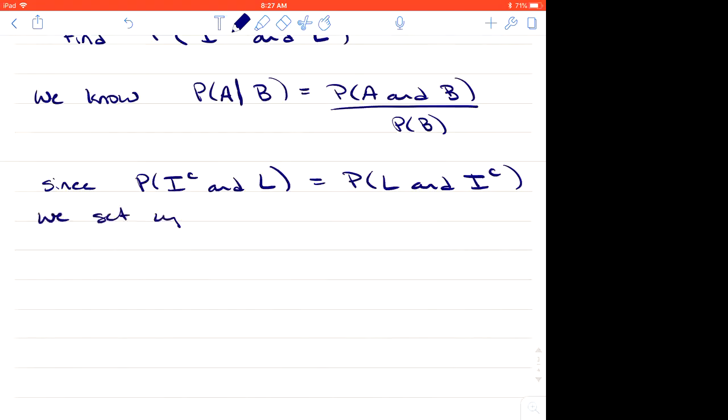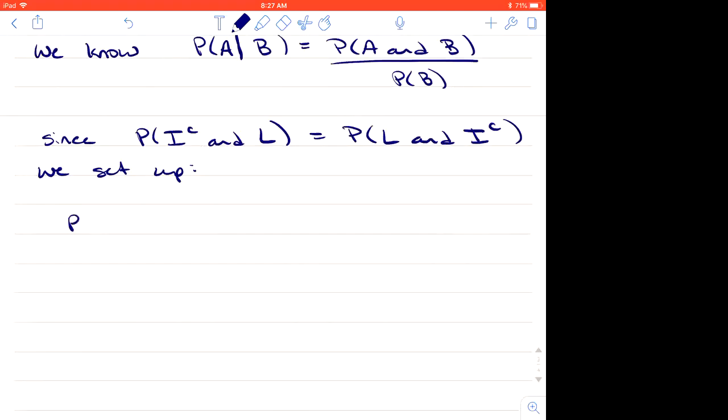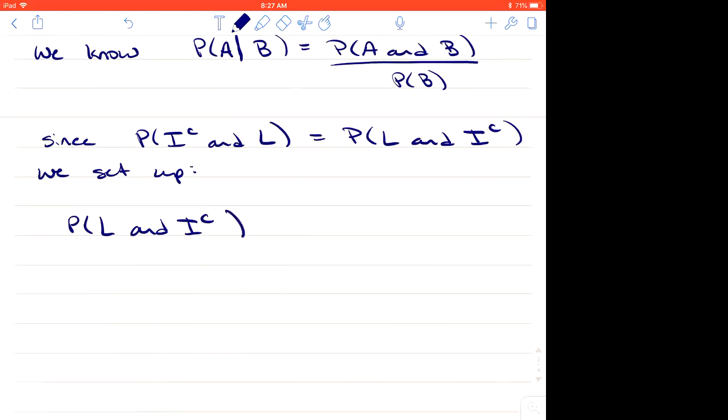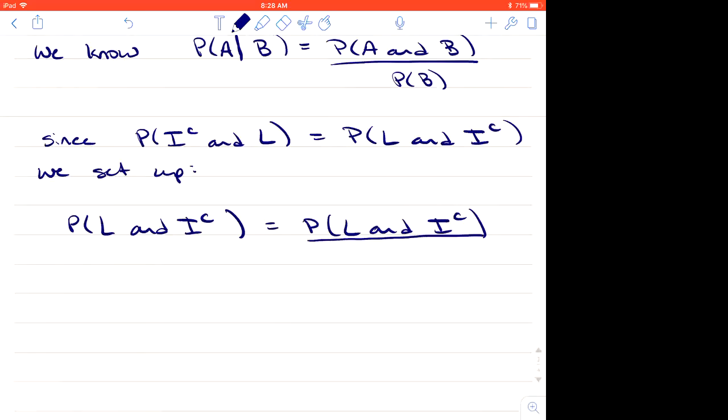We set up the following. The probability of L and not I, or the complement of I, can be written as the probability of L and not I over the probability of not I. Oh, I have a typo.